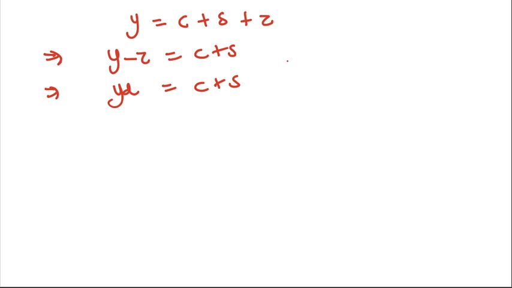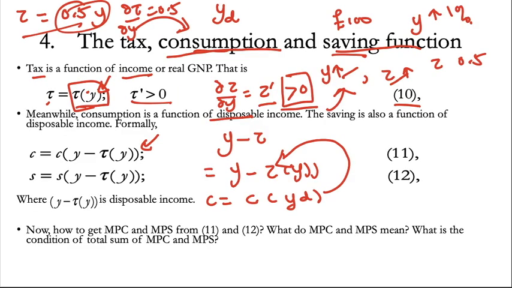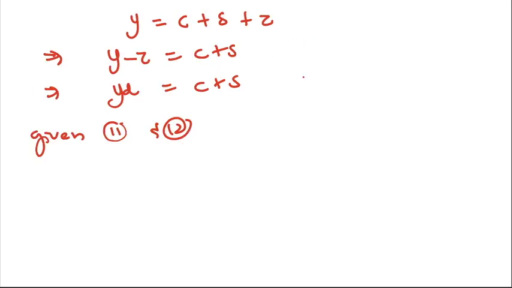And if I try to detail it out, given 11 and 12, numbers 11 and 12 in the previous slide refer to the consumption function and saving function. And let me specify this equation. Let's call this one equation 12a for simplification.